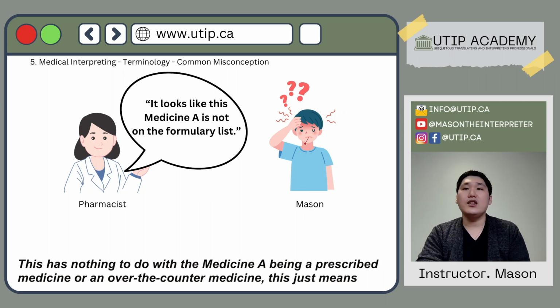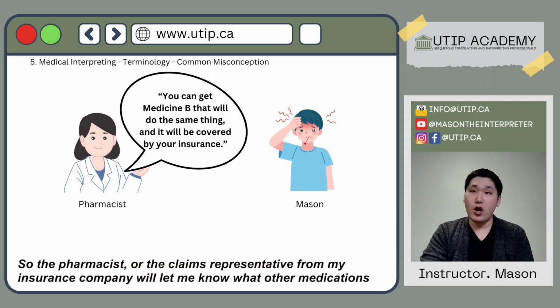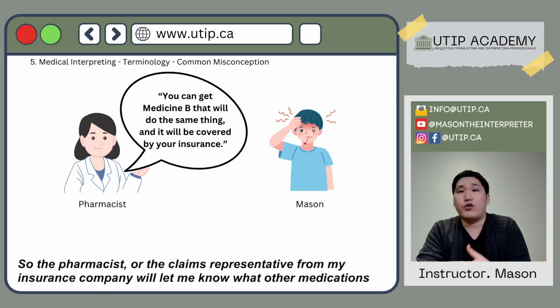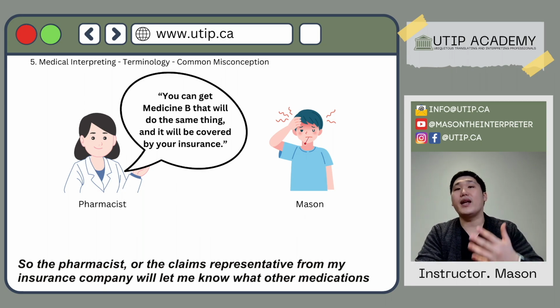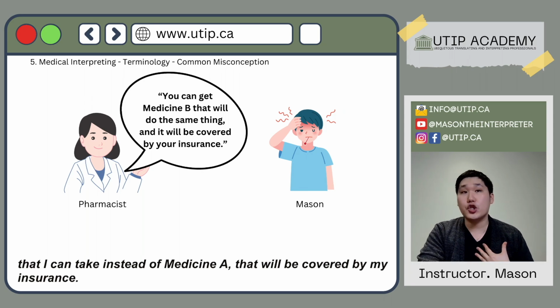This has nothing to do with the medicine A being prescribed medicine or an over-the-counter medicine. This just means that it is not on the list of medicines that my insurance company will cover. So the pharmacist or the claims representative from my insurance company will let me know what other medications that I can take instead of medicine A that will be covered by my insurance.